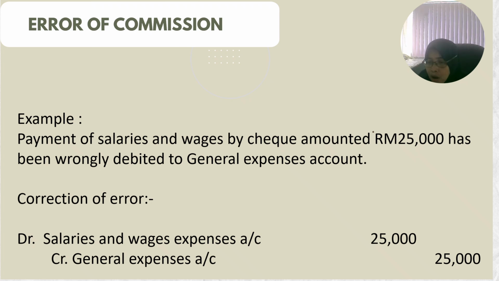So this kind of error is known as error of commission, because the wrong account is within the same category as the correct account. To correct this error, we need to debit the salary and wages expense 25,000 and credit the general expenses account by the same figure.